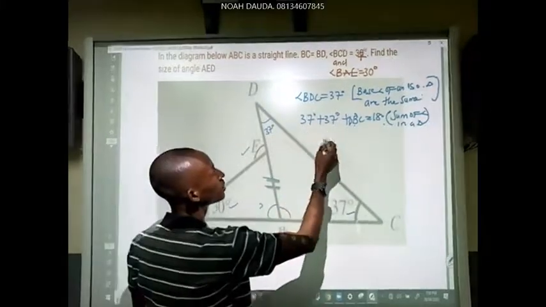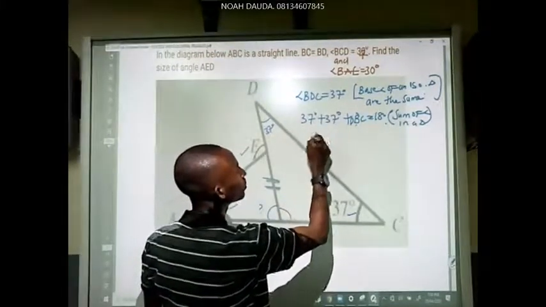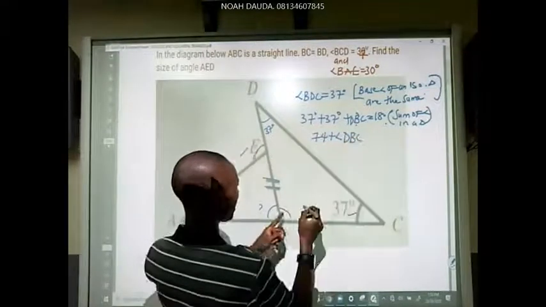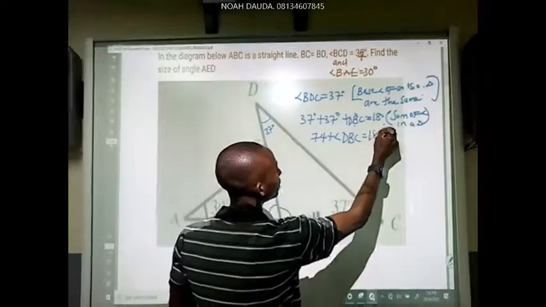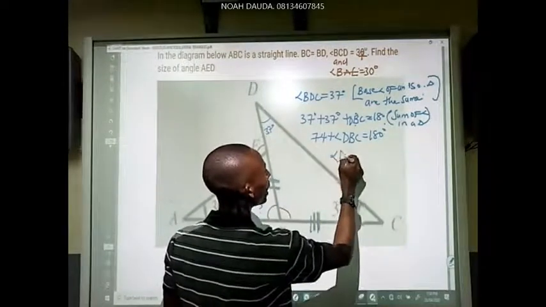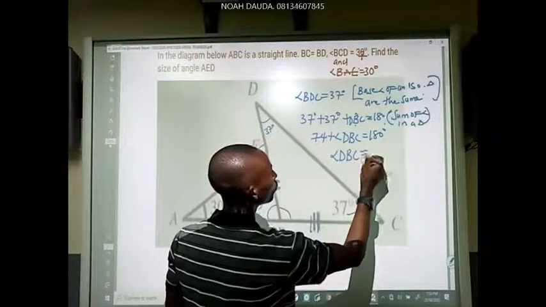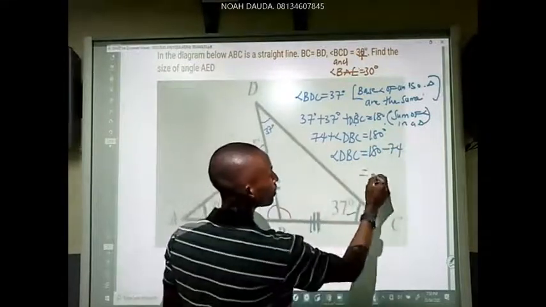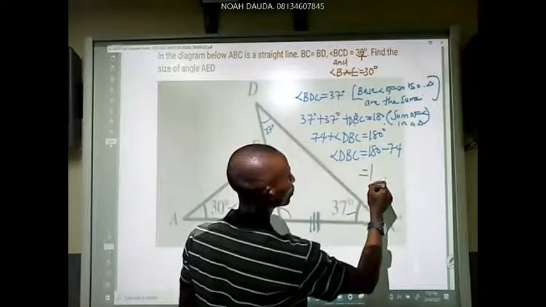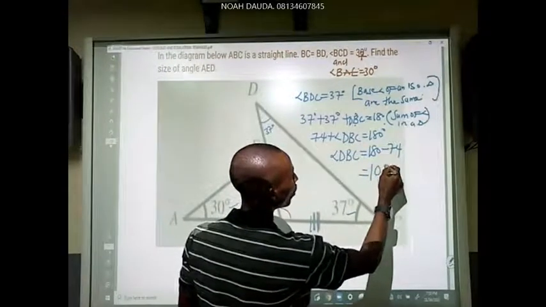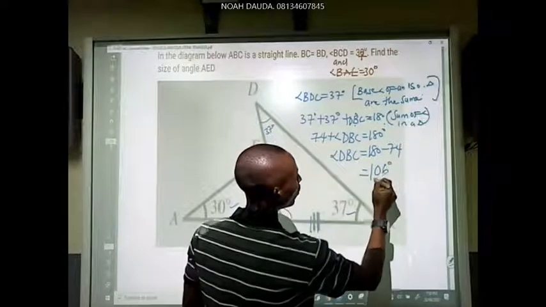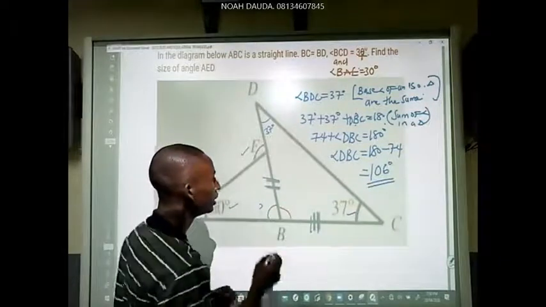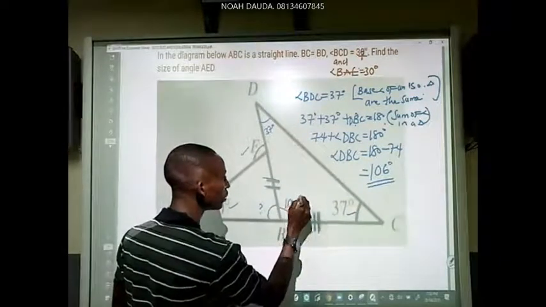So 37 plus 37 gives us 74, plus angle DBC, which is this angle, equals 180 degrees. So angle DBC is equal to 180 minus 74, which gives us 106 degrees. So I've been able to determine my angle DBC. This angle now is 106 degrees.